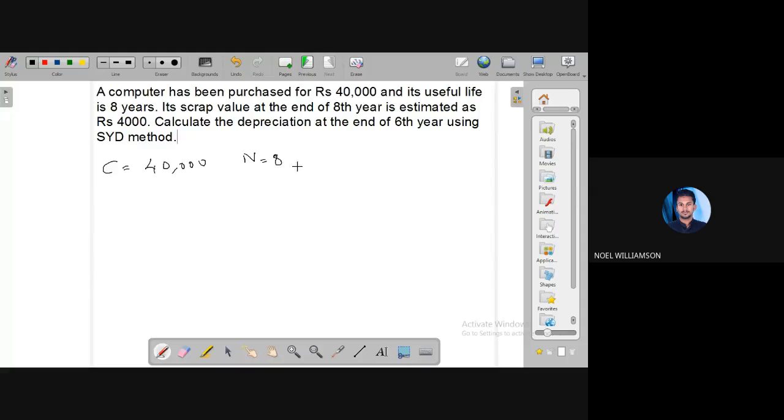Now its scrap value after the 8th year, that is capital S, is given as rupees 4,000. Now what we have to find is the depreciation at the end of the 6th year. So at the end of the 6th year, what will be the depreciation? Simple.